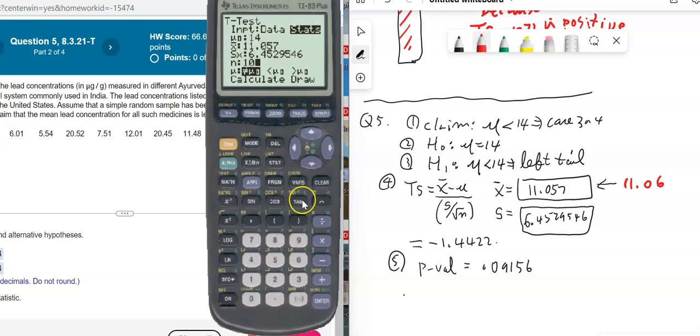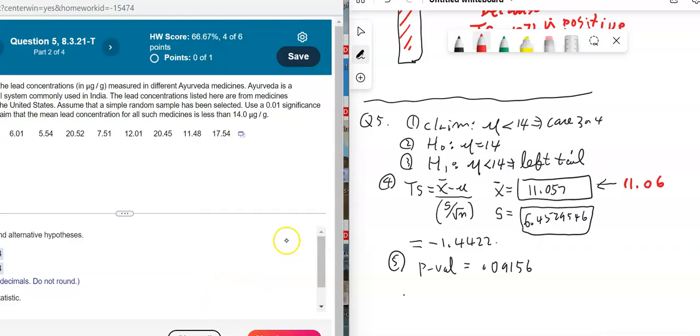I'm sure it was 10. And then it's not equal to, so I like not equal to, Calculate. So negative 1.4422, 0.09156. I got everything right. I don't know why.